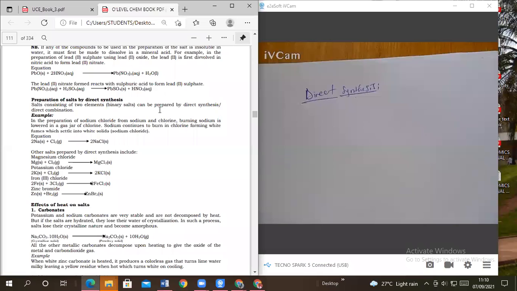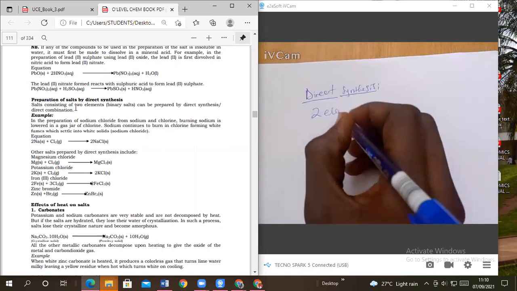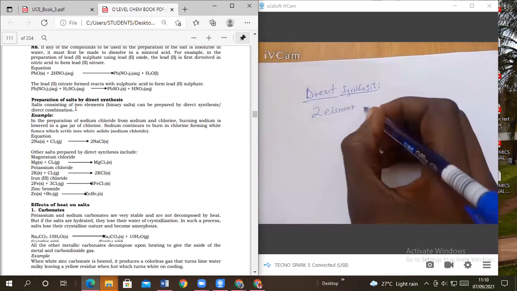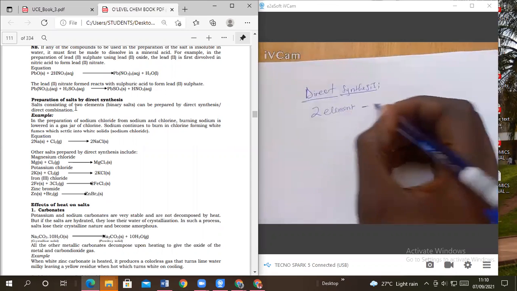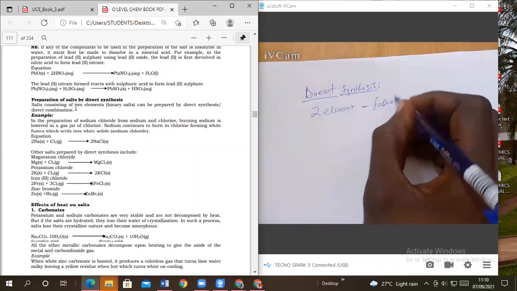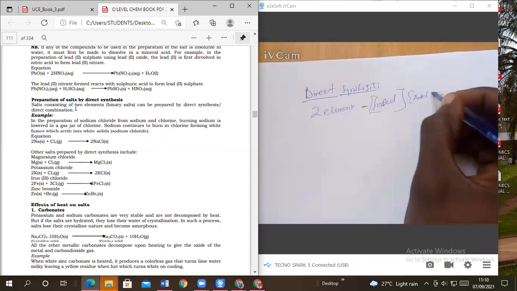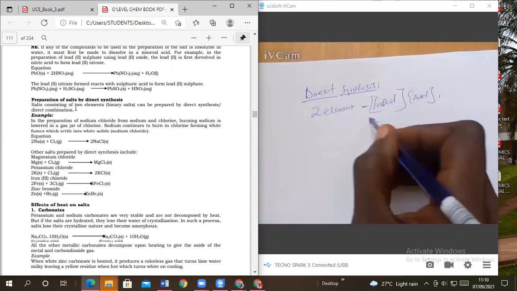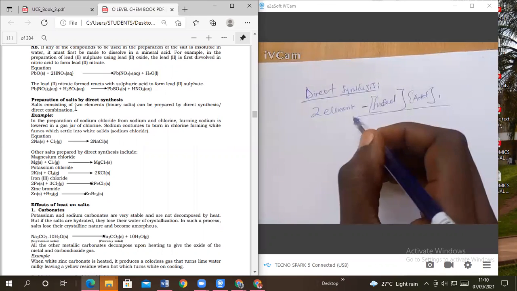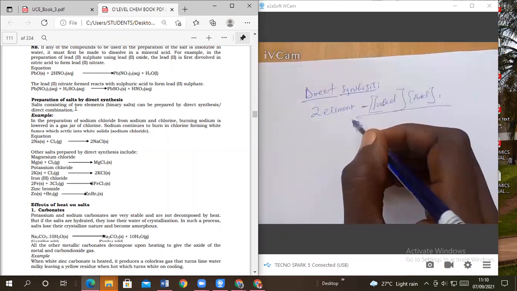You get 2 elements, and the easiest word is fuse, or you add, or you pass one over the other. That is what we call direct synthesis.